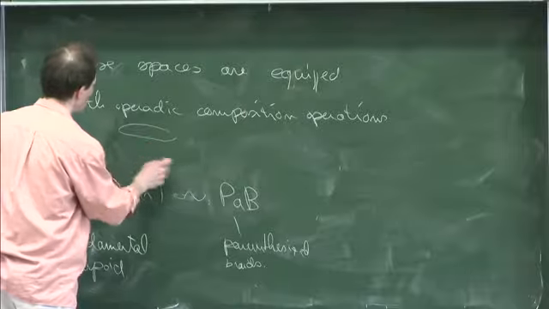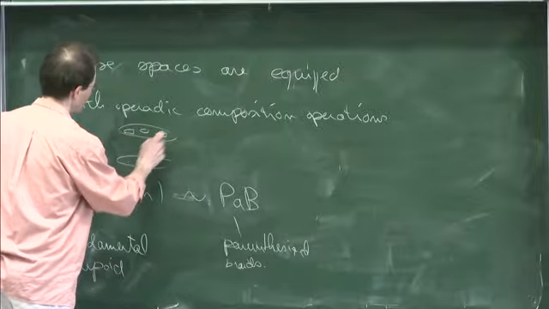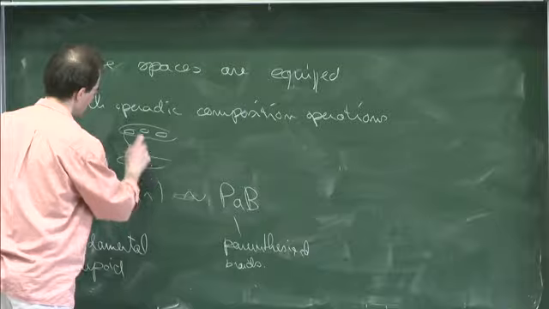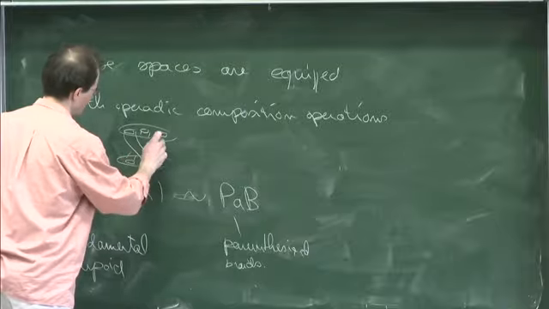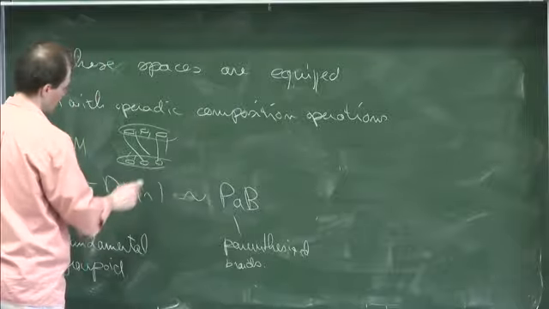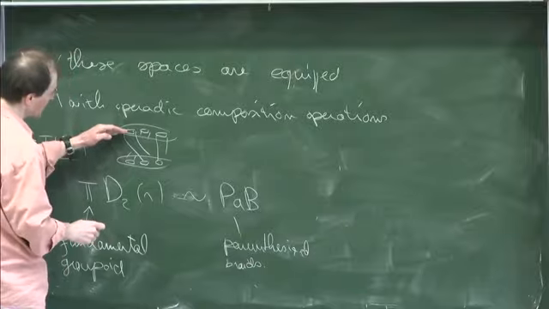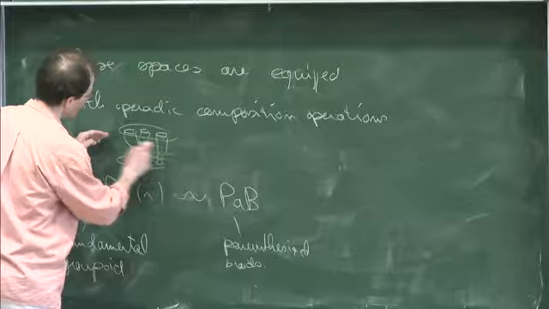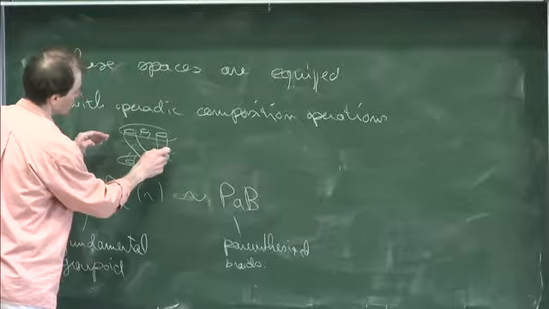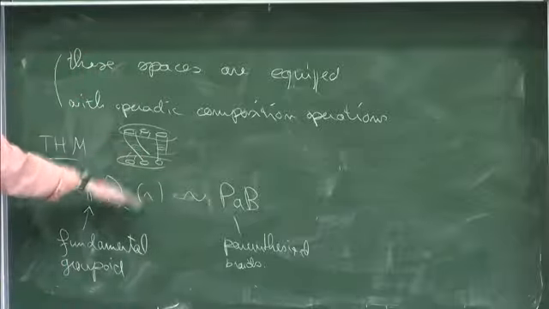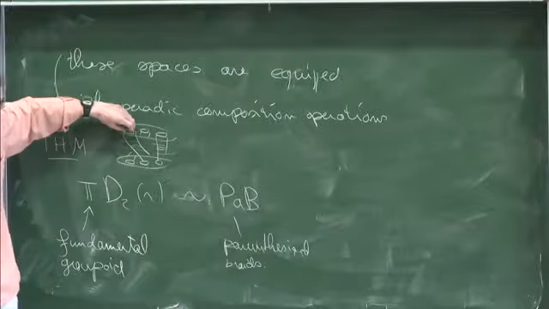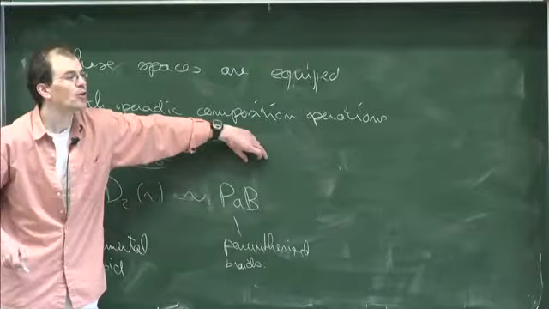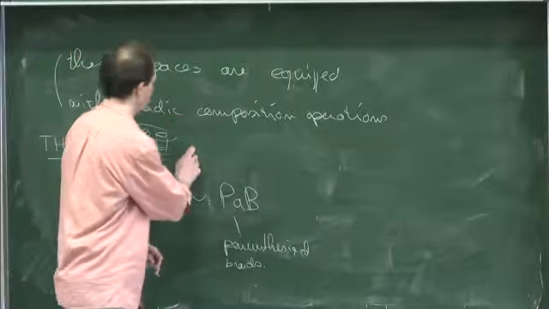For instance, take the homotopy class of a path in this space of configurations of three little disks, and you just forget the radius, and you get a braid.